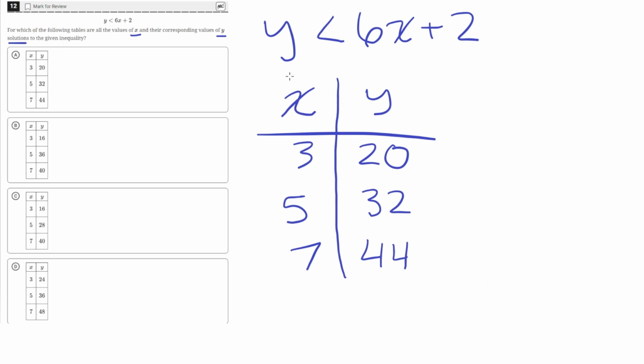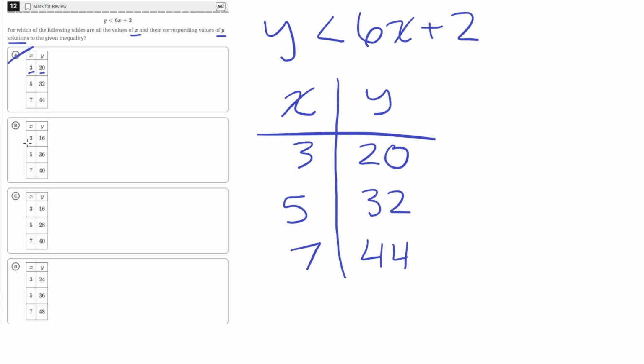So these are the maximum values that y can be for the corresponding value of x, since y has to be less than 6x plus 2. So answer choice A says that at an x value of 3, y is 20. So 20 is not less than 20, so answer choice A is wrong, since y has to be less than 20 at an x value of 3.